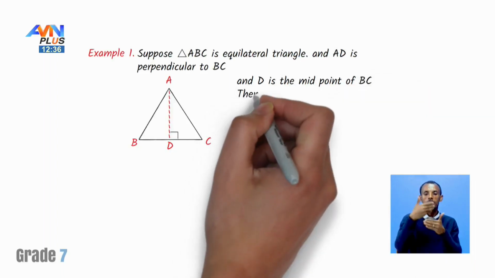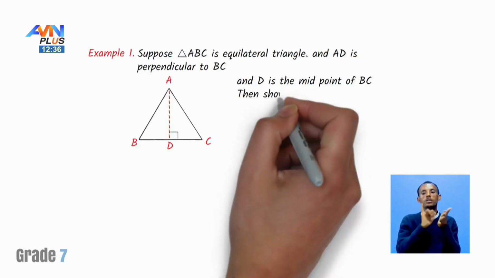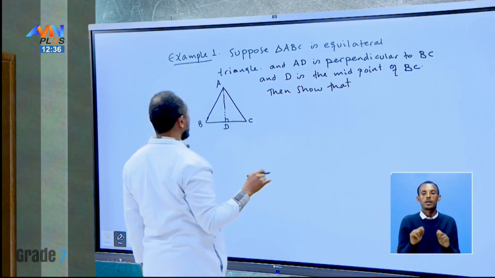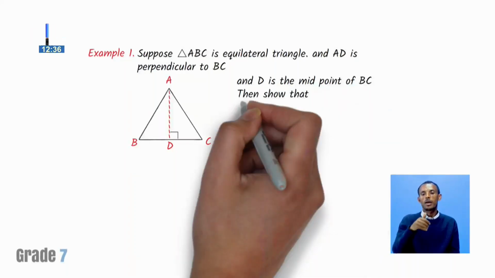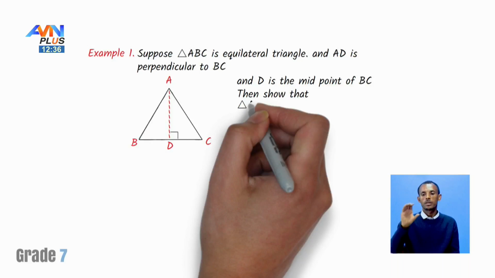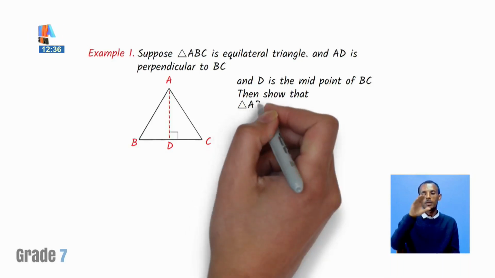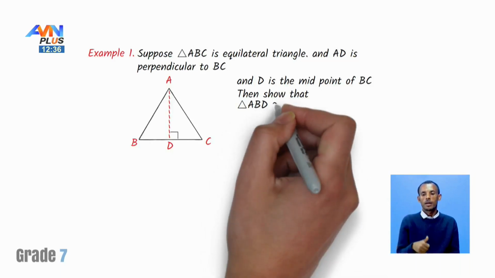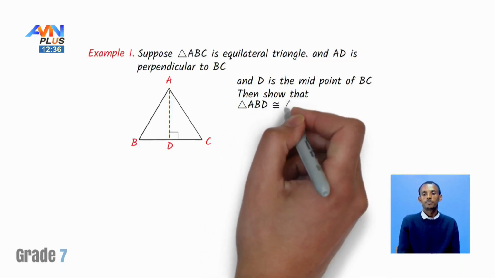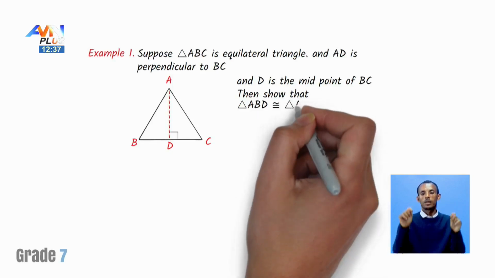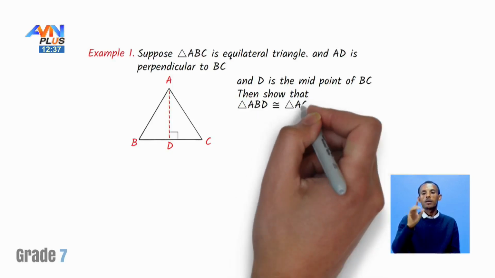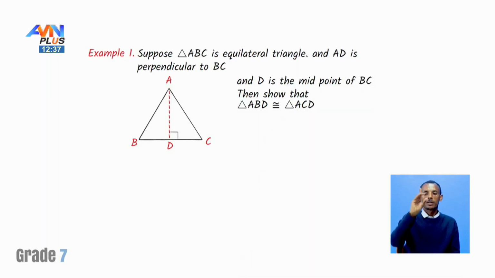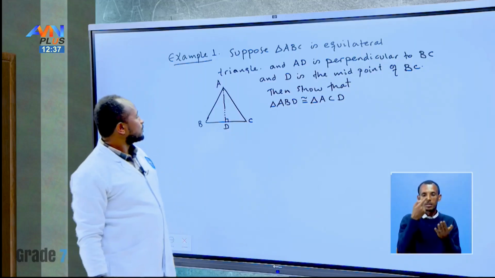Then show that triangle ABD is congruent to triangle ACD.